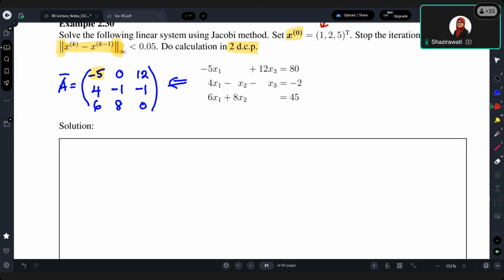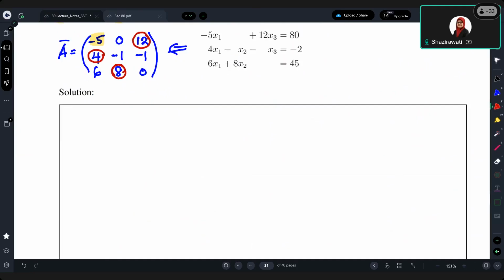So kita nak tukar baris, kita identify ataupun kita highlight, kita remark mana yang paling besar lah, in every row kita tandakan. So 12, dekat row number 2 ini paling besar, compared to hasil tambah lagi 2 elemen. Row number 3 kita dapat 8. And then kita cubalah tukar baris supaya dia jadi SDD.